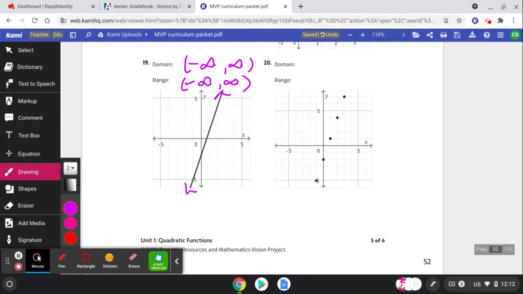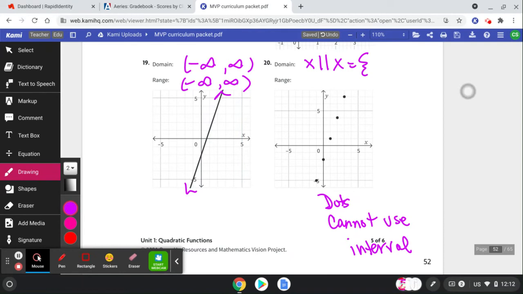All right, last but not least, when you have dots like this, we cannot use interval notation, we have to use set builder notation. What do I mean? I mean x such that x equals, and then we list them out. What are the x values that are on this graph?